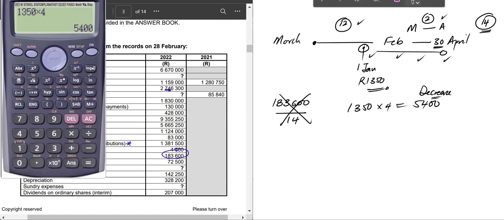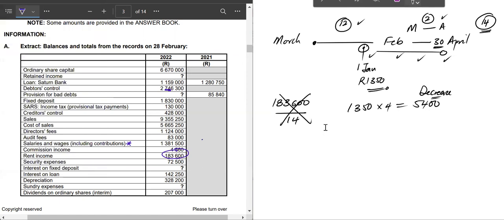This is the decrease in the rent for the 4 months, starting January until April. So if I take the rent that I have now, which is from the list of balances, remember, my rent is 183,600. If I add that decrease of 5,400, I will have rent for the entire 14 months without any change.